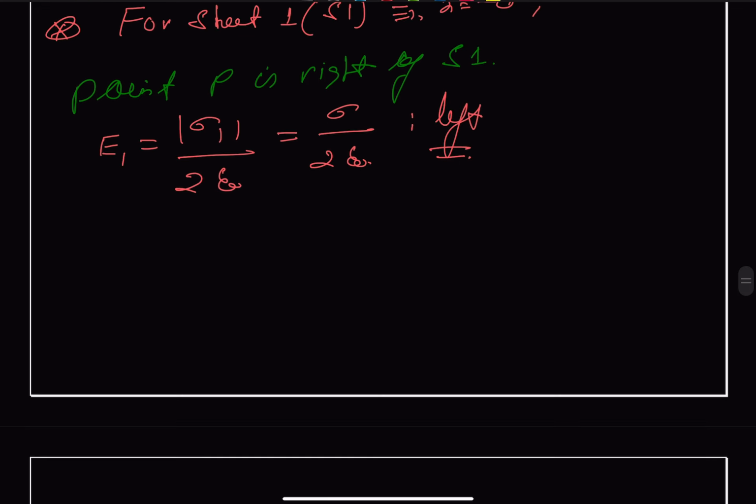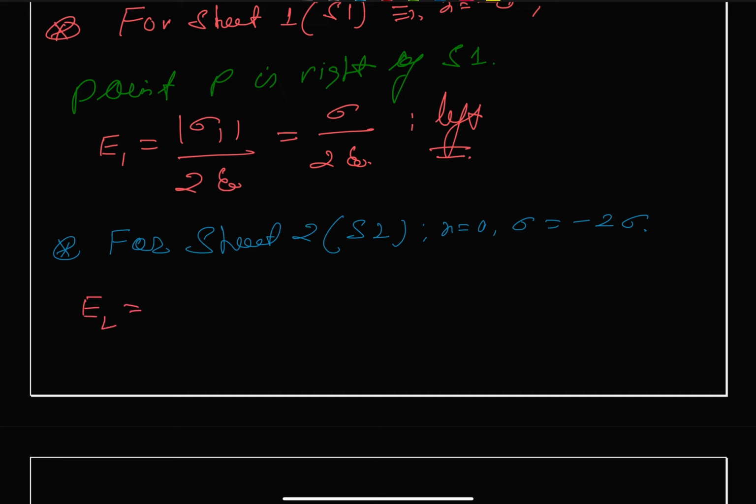Similarly, we can find out for sheet 2, that is our S2, and it is placed at x is equal to a, and our sigma is -2 sigma. So point P is still to the right, and we can find out our E2 will be equal to twice sigma upon twice epsilon naught, giving us sigma upon epsilon naught, and direction will be towards the left.